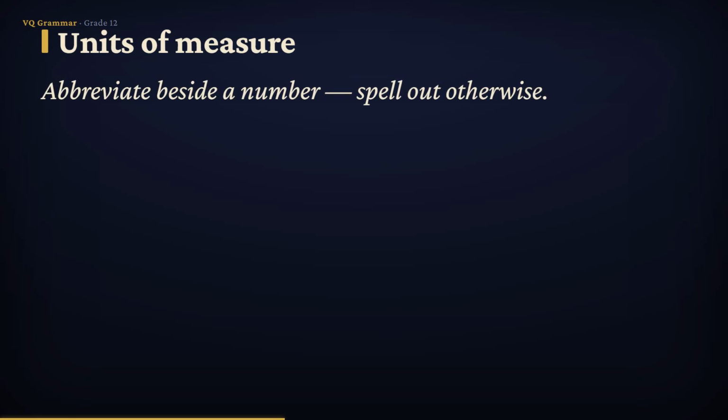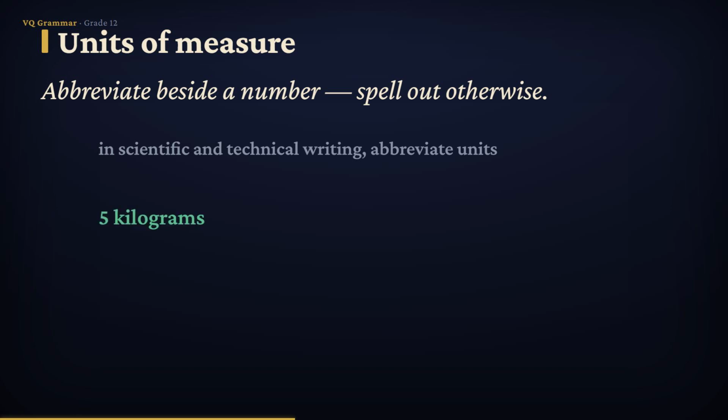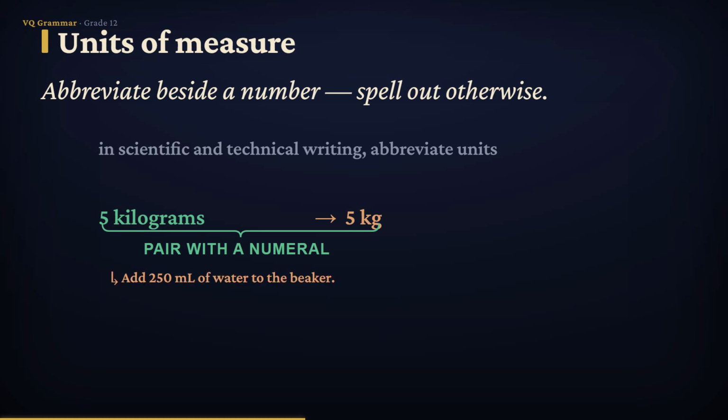Fourth, units of measure. In scientific and technical writing, when a unit sits right next to a numeral, we abbreviate it. Five kilograms becomes 5 kg. The short form rides right alongside the number. Add 250 mL of water to the beaker.